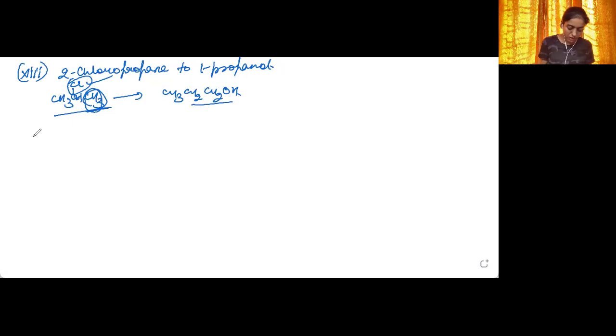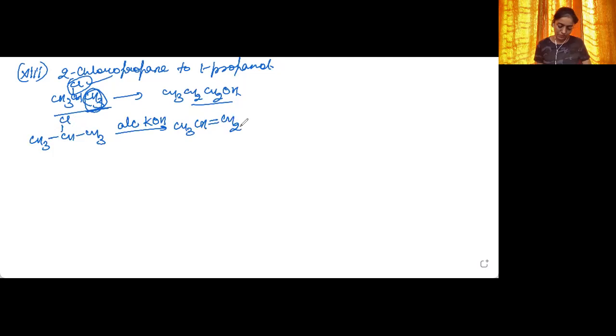Okay. So how will you remove it? We have already done it many times by treating it with alcoholic KOH. It will be dehydrohalogenation. Okay. Now treat it with HBr in the presence of peroxide, because here again anti-Markovnikov's rule needs to be used.